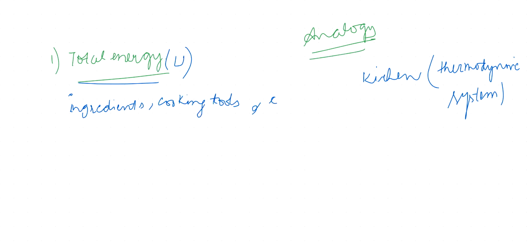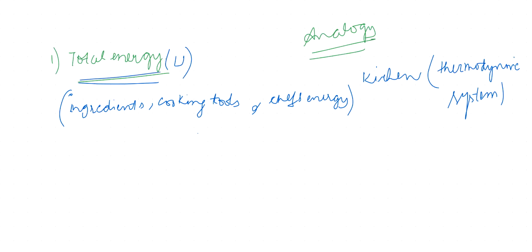This is related to the kitchen, but in actuality, it considers all types of energy of a system: heat, work done, chemical energy. So, keeping on with the kitchen analogy, in the case of total energy, we can use the first thermodynamic law.